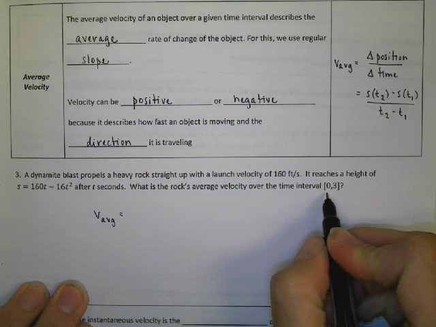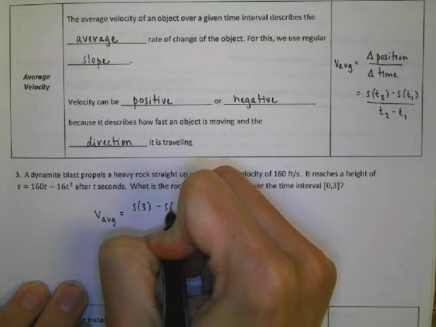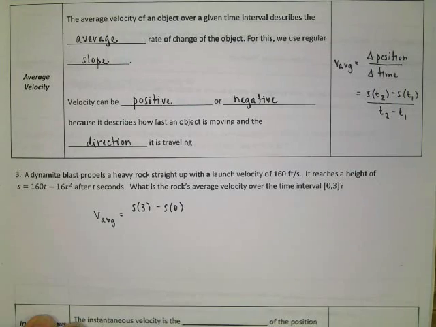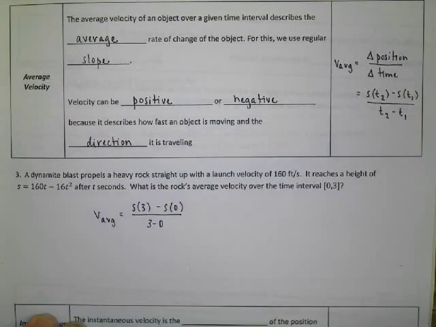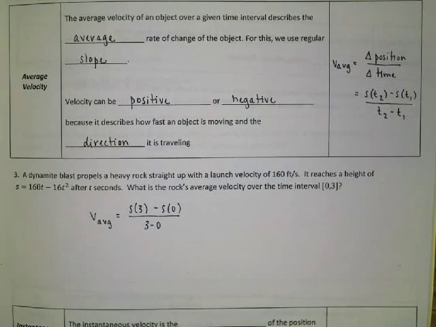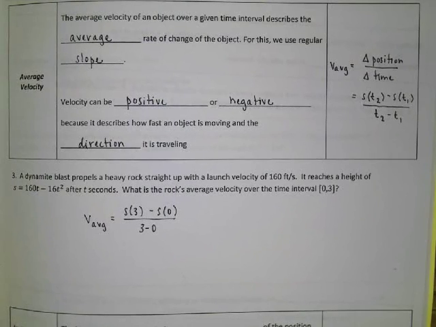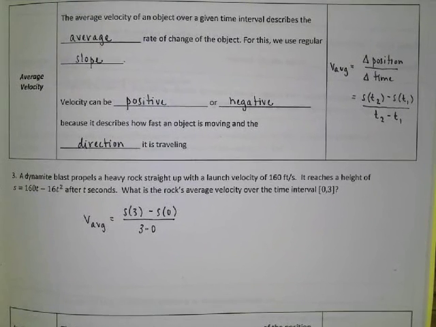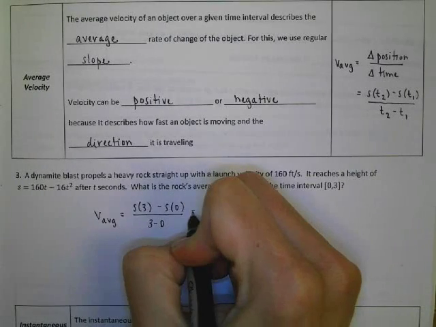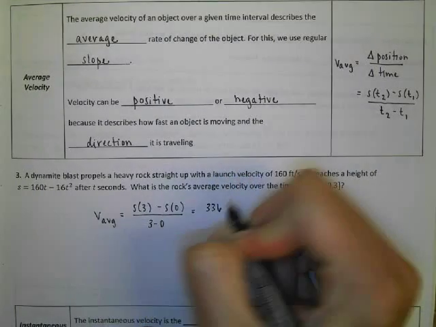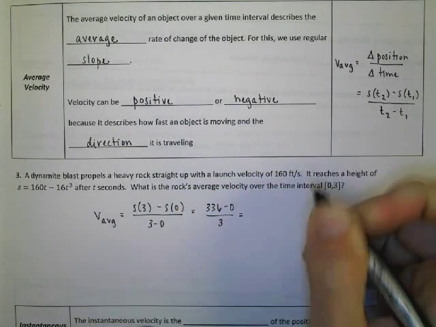And so if my interval is from 0 to 3, I want my position at time 3 minus my position at time 0, over 3 minus 0. So again, if we do some calculating, s of 3 is 336. We know that our initial position is 0, and that's all over 3.